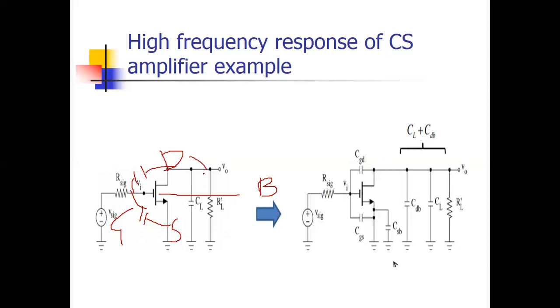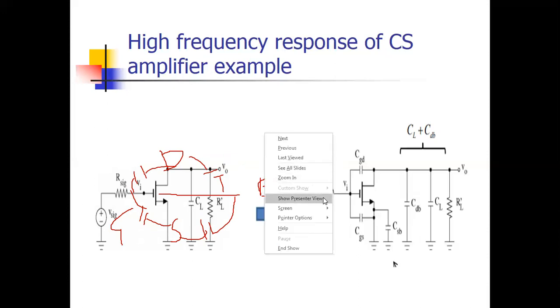One between drain and body, that is CDB. One between body and source, that is CSB. You can see the diagram here. So these four capacitors are CGD, CGS, CSB, and CDB.